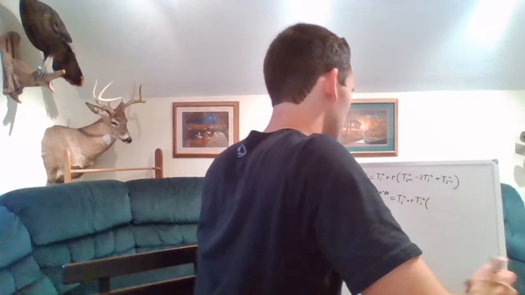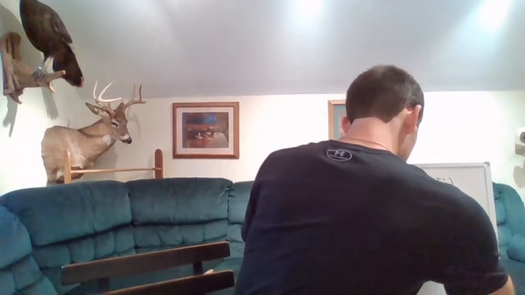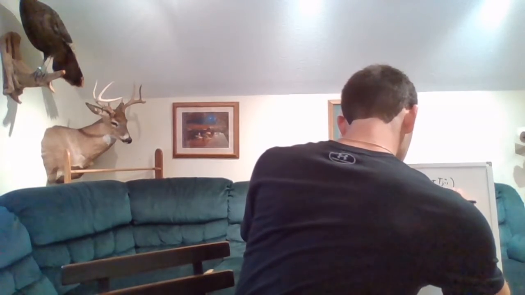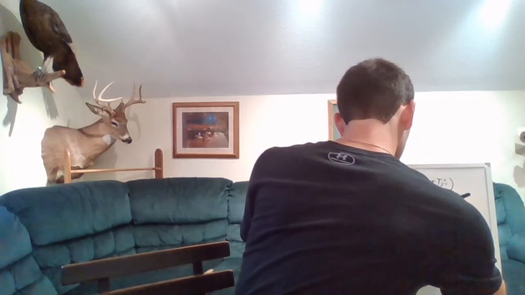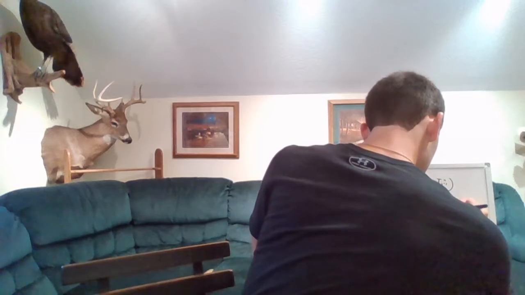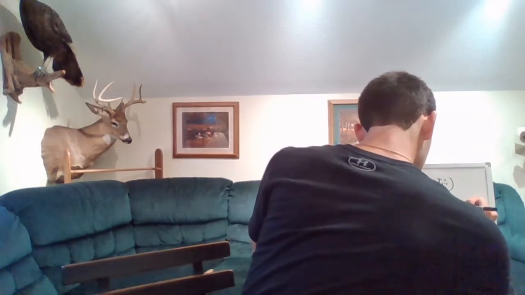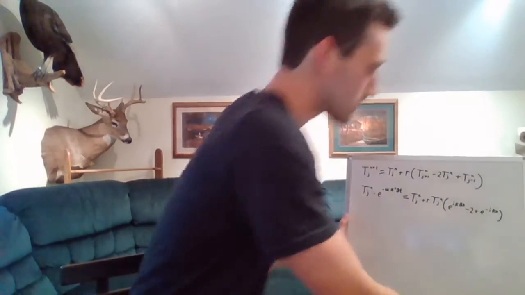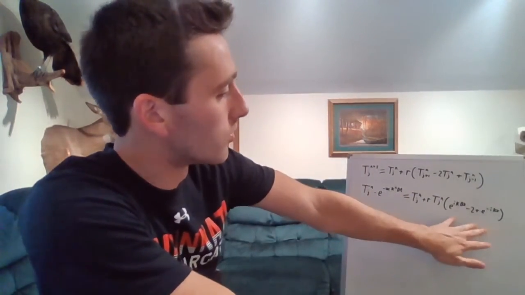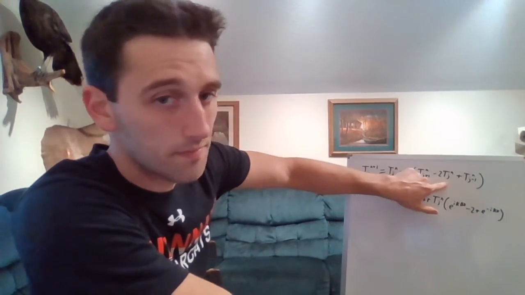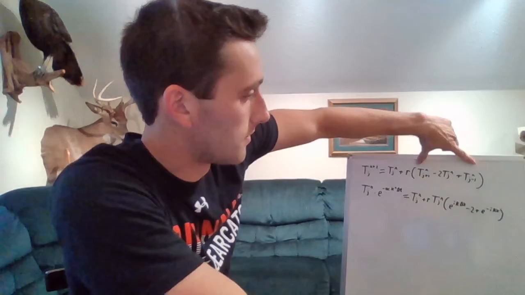So we will have e to the ik delta x. Essentially, this is what we will get if we take out T_j^n from these values.